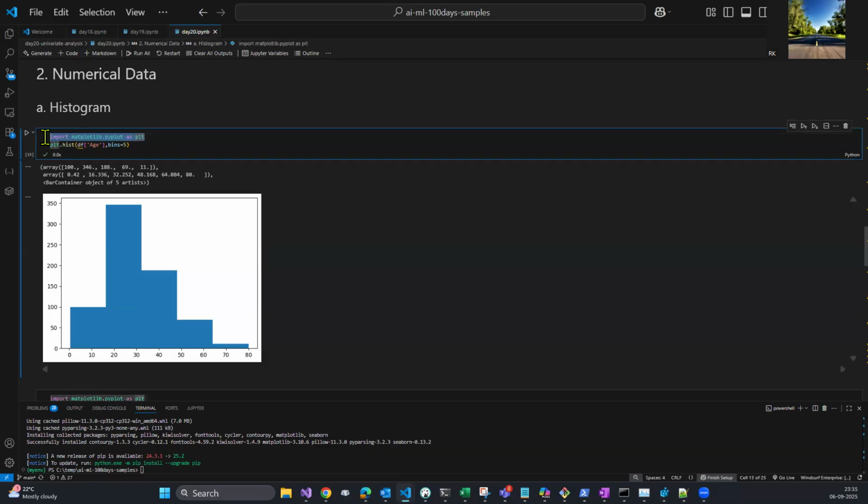For that, we have to import matplotlib, and then we plot the histogram on age with bins of 5. So the bin size is 5. With the bins of five, we are seeing that the data has some skewness. You will see the data is not equally distributed.